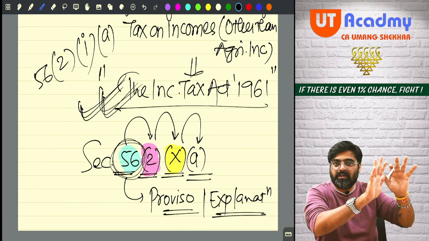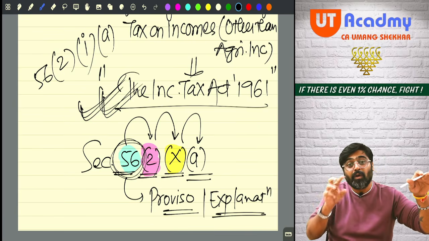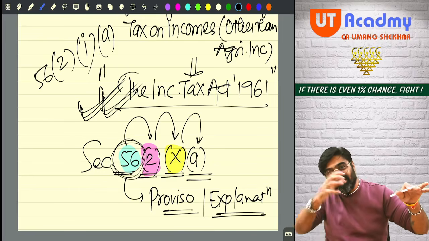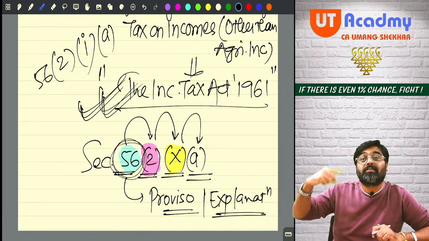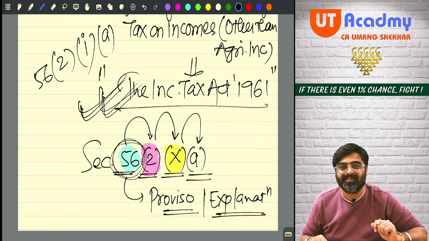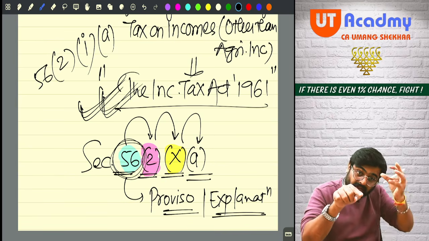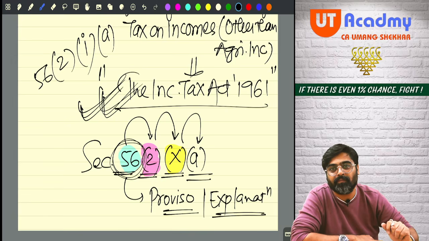If this section tells you to do this thing, the proviso will speak of some other thing: in this exceptional case, don't do this, rather do this thing. The exception to the main provision is what? Proviso. So sometimes to the main section there will be some exception, and that exception will be given in the form of a proviso.